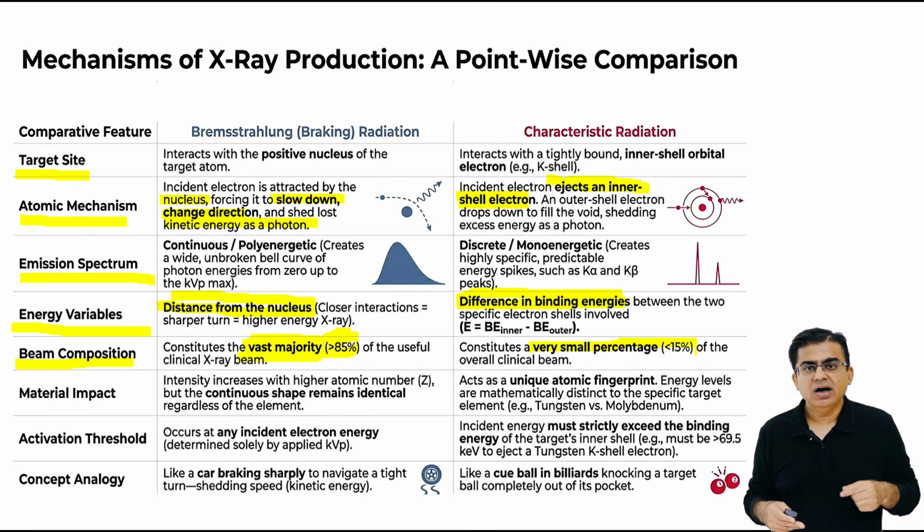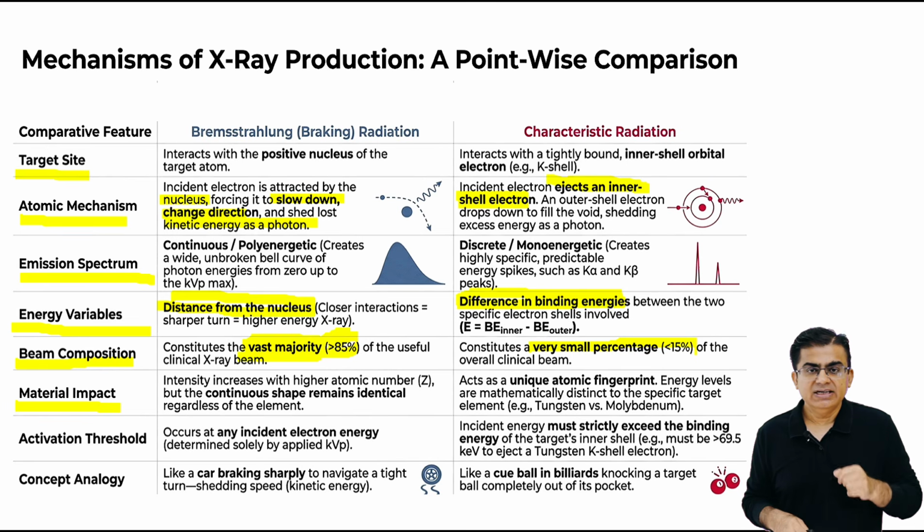Next, we will look at how changing the target material affects each process. If we increase the atomic number of our target metal, we simply increase the total intensity of our Bremsstrahlung radiation. The wide continuous shape of the curve will remain exactly the same.